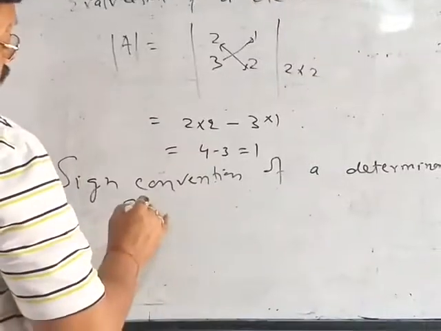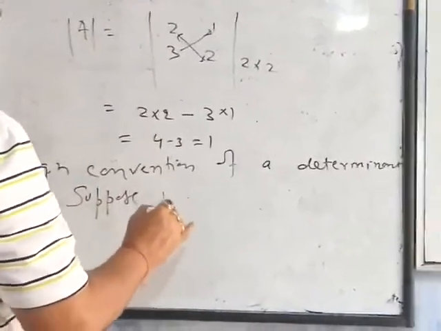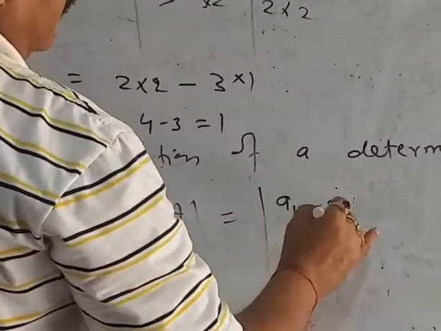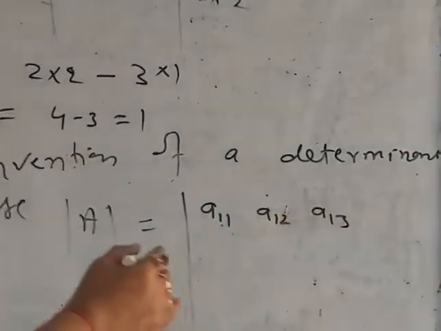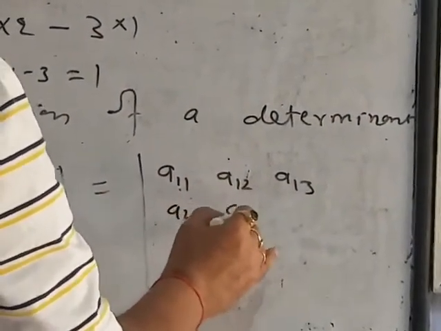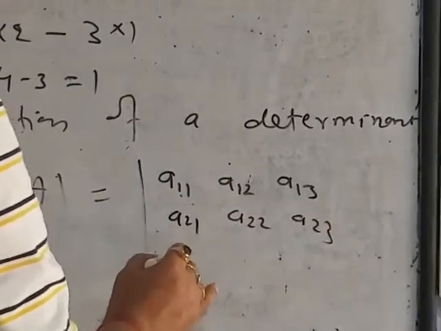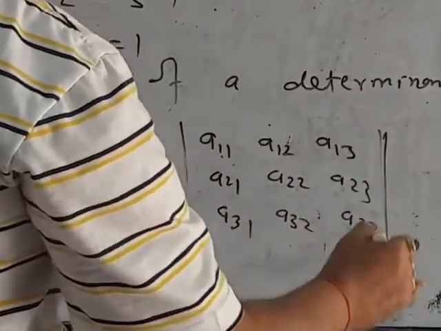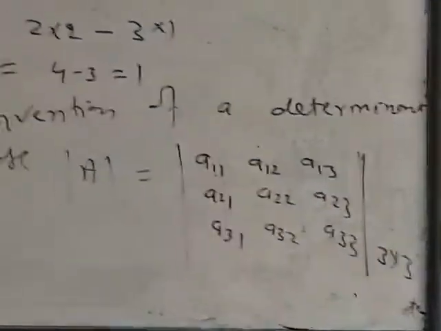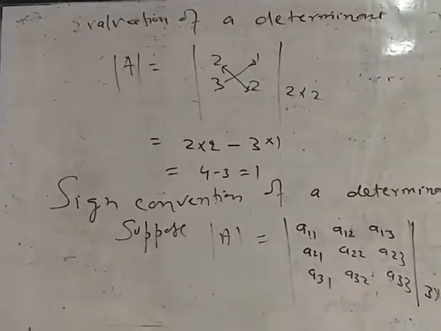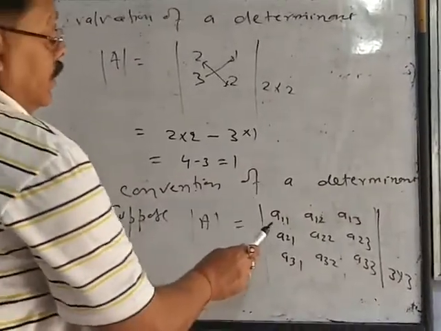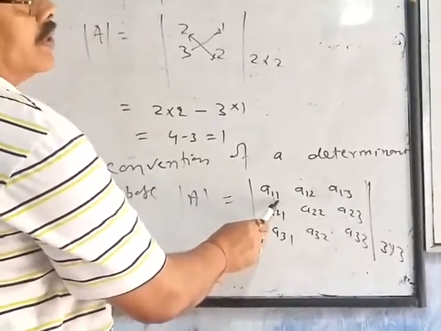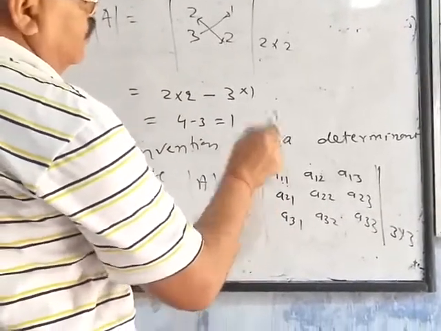Suppose a determinant A is a11, a12, a13, a21, a22, a23, a31, a32, a33, a determinant of order 3. Student, you see, this is the element of first row and first column, so 1 plus 1 is 2, and the sign will be positive.